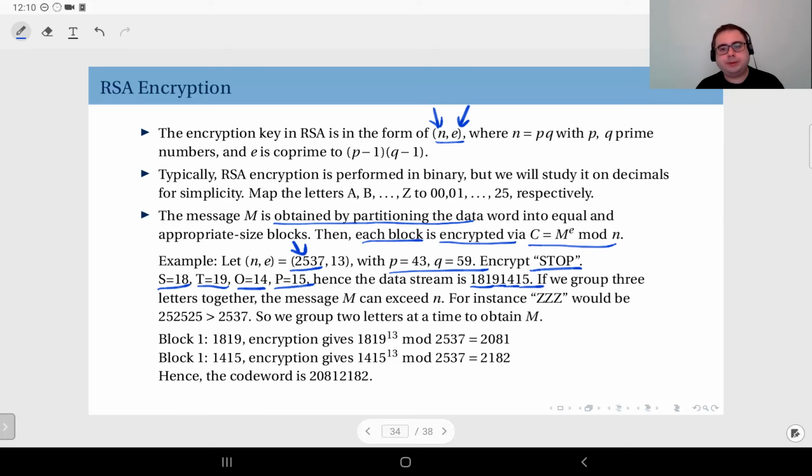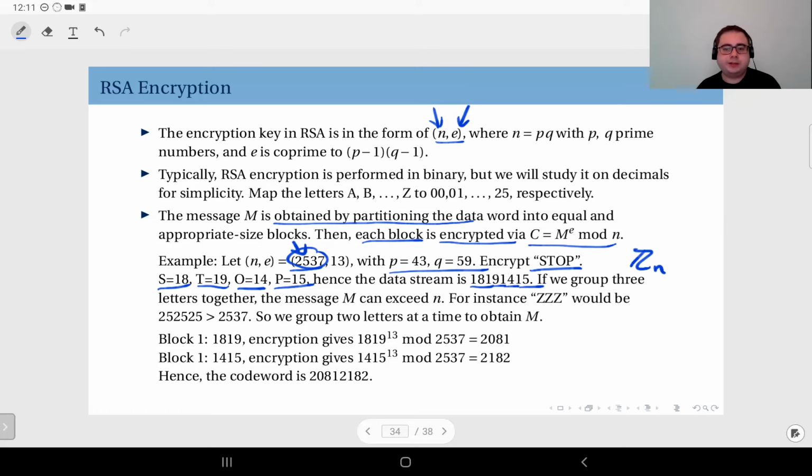We are going to split this into blocks, and the choice of the size of the block depends on n here, because n is 2537. That determines your block size, because you don't want a block exceeding n. You would like to work in the set Z sub n. You want every block, every message, to be in this set in order to avoid ambiguity. Therefore, you need to select 2 letters at a time.